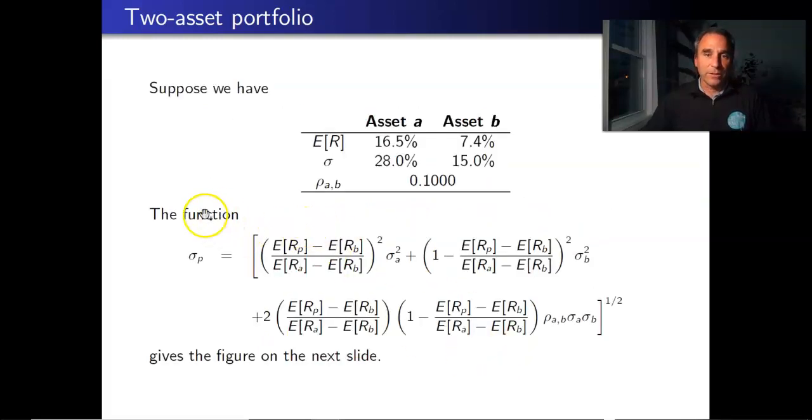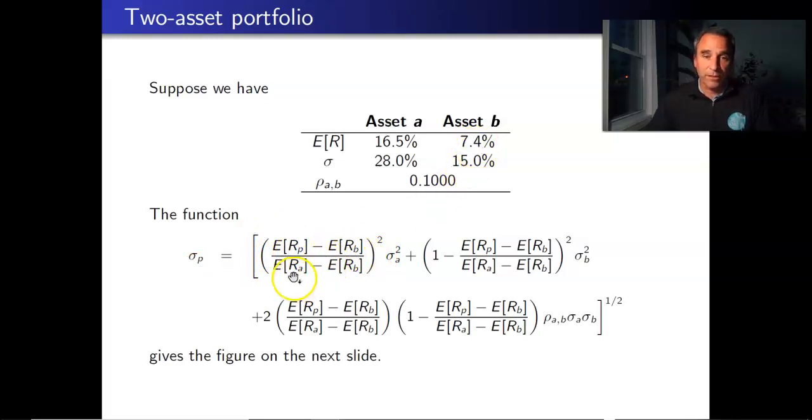And here's our equation. Okay, so if our 2 assets have the following expected returns and standard deviations, as well as the following correlation, the function sigma p is equal to all these terms together, so we can write it down. So what will vary is, expected return of B is given, it's 7.4.